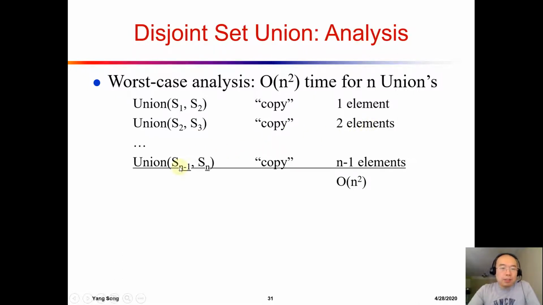Eventually, if we are unioning Sn-1 to Sn, we are copying a total of n-1 items. So in the worst case, we are going to do a total of O(n) square copies. Well, O(n) square, that's not cool, right?